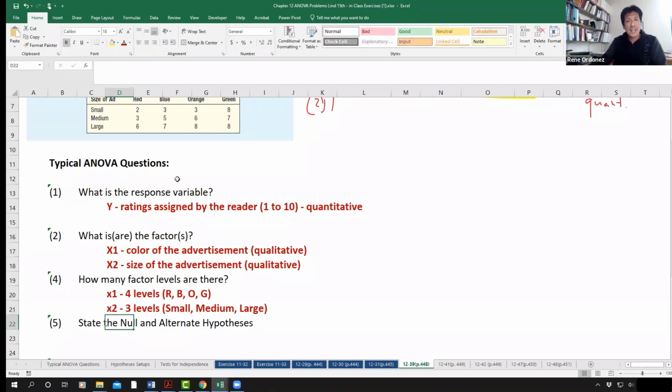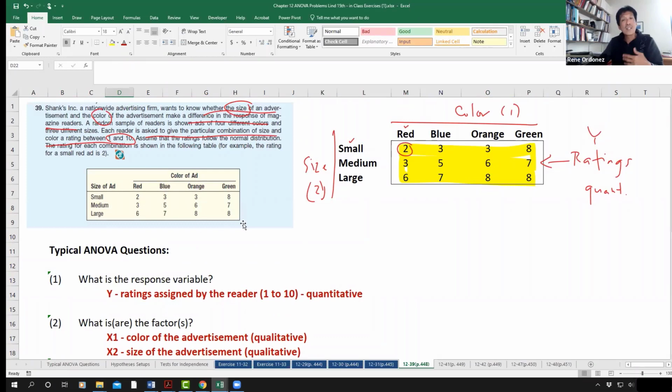So the way that this cross tabulation is set up, the treatment that we're really interested in is the color of the ad. All right, we want to see if there is a difference in the ratings by the reader based on the color of the ad. The size of the ad that you see here is known as a blocking variable.